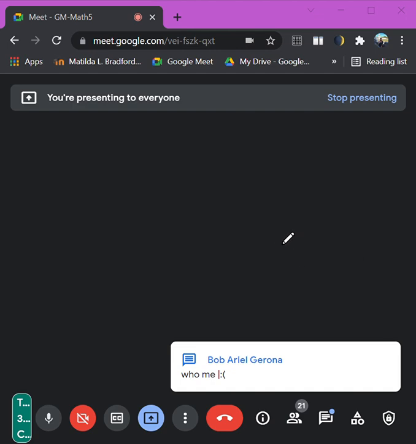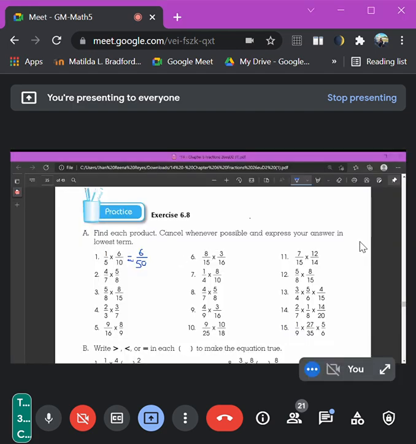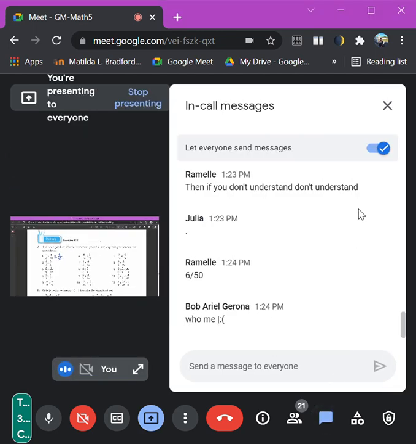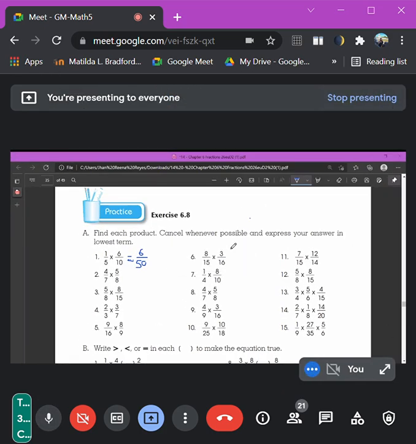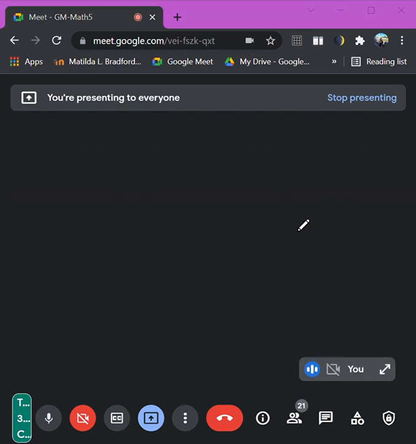But class, while looking at this 6 over 50, can we still express this in lowest term? Yes. What is the common factor? 2. We are going to divide both the numerator and denominator by 2.